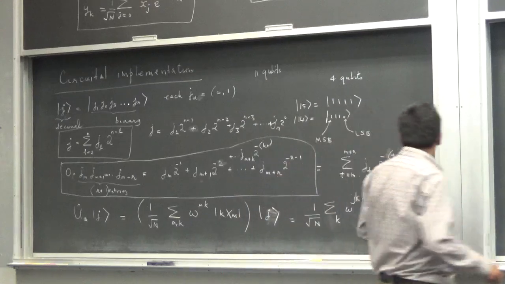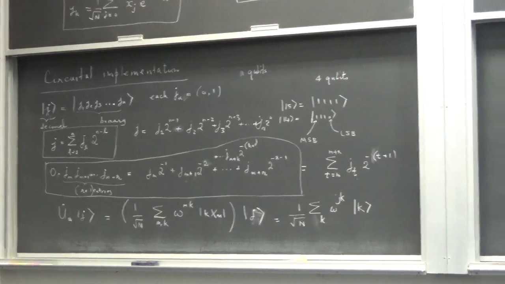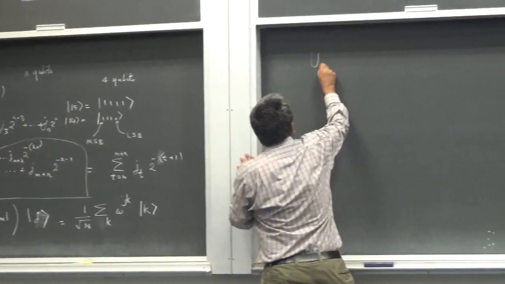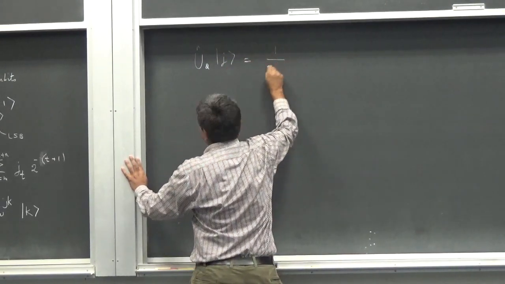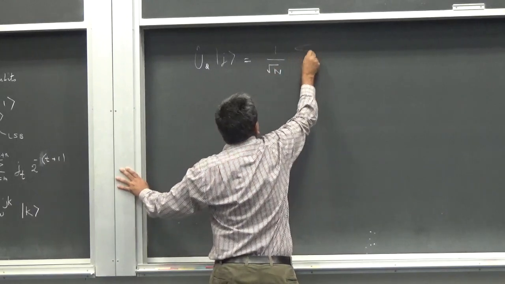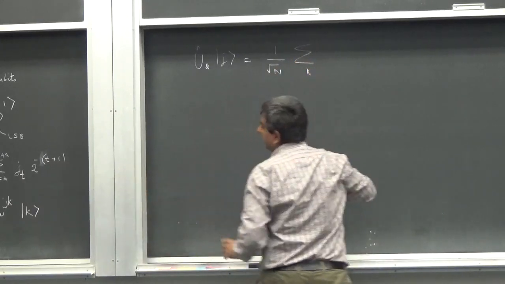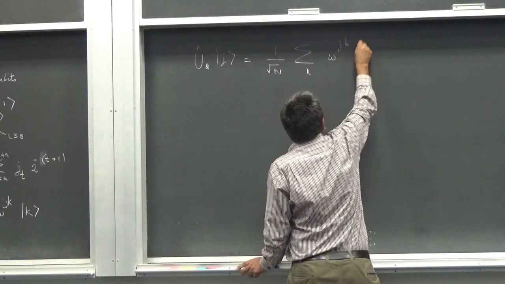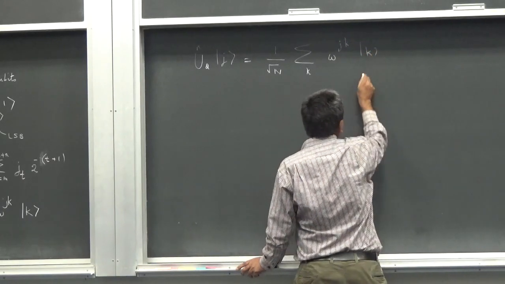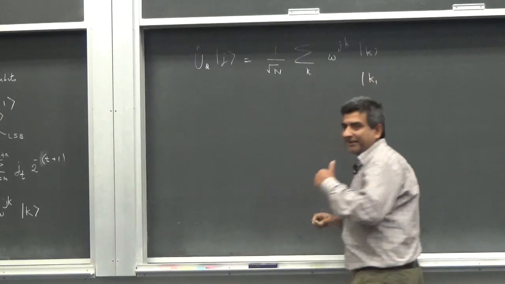Now the next step is U_Q acting on j equals 1 over root N sum over k omega^(jk) ket k. Now this ket k is really also just like the j.